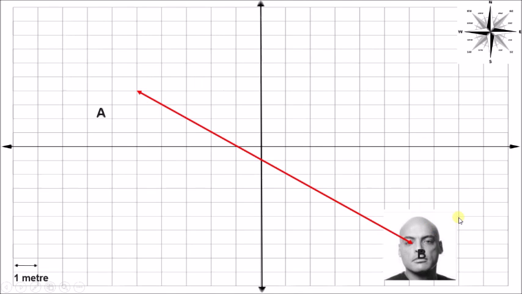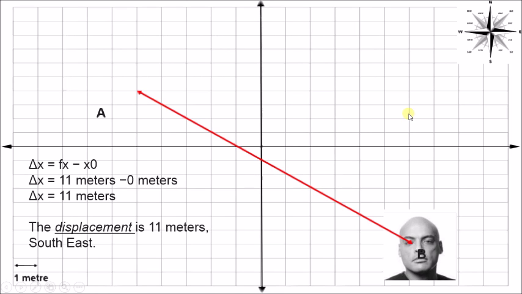But it turns out that the displacement, remember, is the shortest way from point A to point B. So no matter how many times I could have gone back and forth, the displacement is still point A to point B. We use the same formula, and the displacement is also 11 meters, but now the direction is southeast.